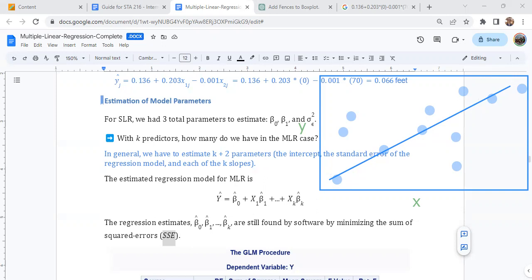Talking about intuitively how that's working, each point has a corresponding residual.